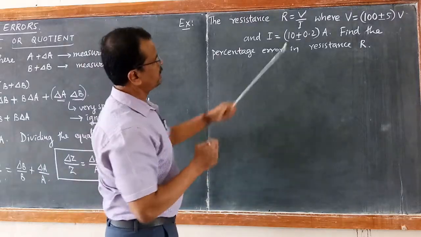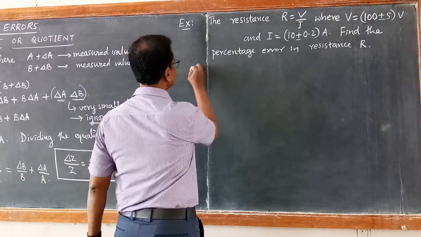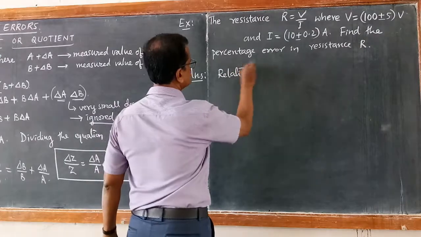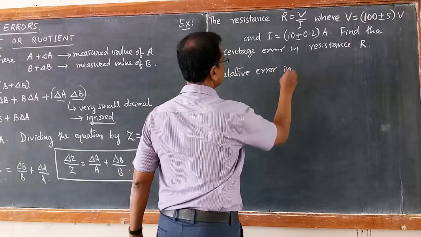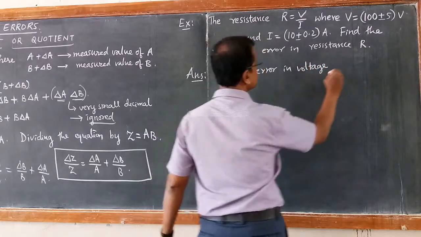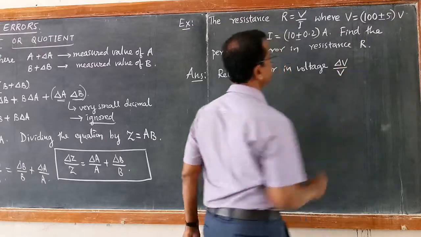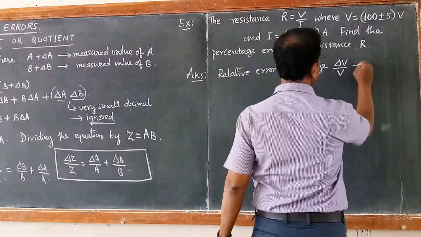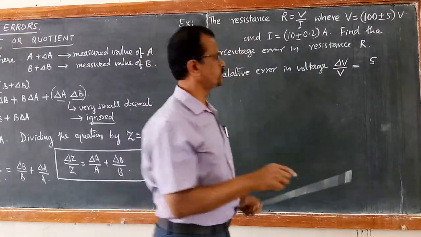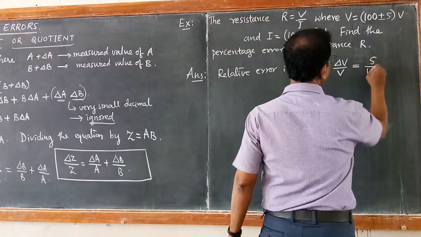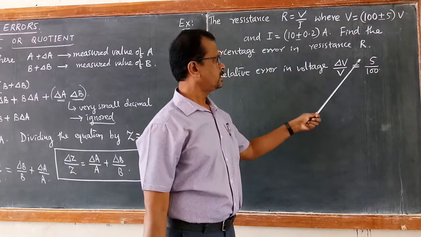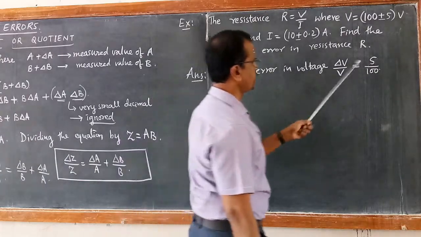So first we will find out relative error in voltage. Relative error in voltage is given by delta V by V. Delta V is 5. So you have to take always magnitude. As I told you, you have to take always modulus value. 5 divided by the actual value, which is 100. The actual value of voltage is 100 and error is 5. So it becomes 5 divided by 100.